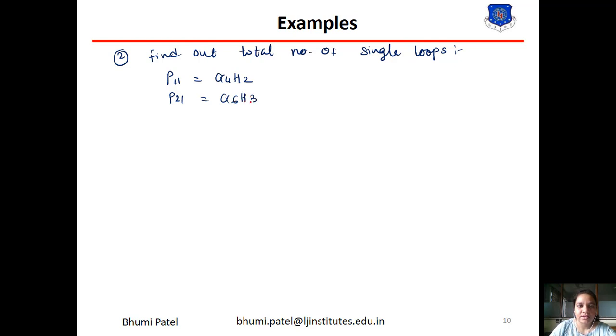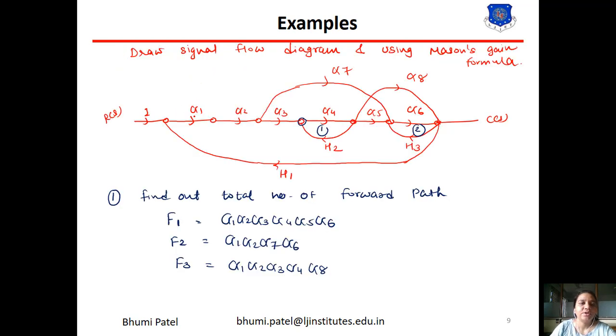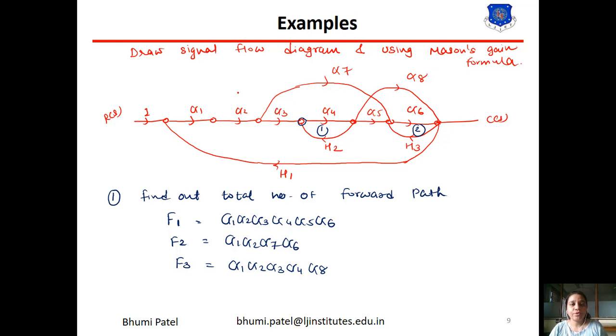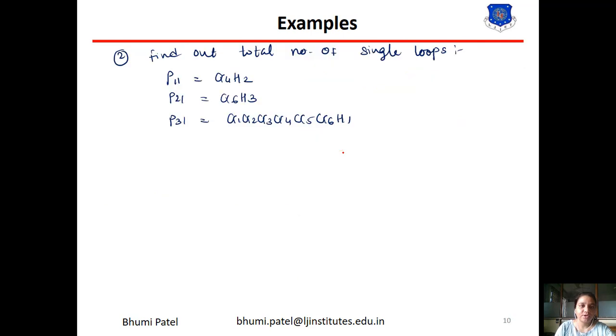G6, H3. Now the third loop, here you can see, is G1, G2, G3, G4, G5, G6 and H1. Now again, is there any more single loop available or not? You can see that G1, G2 and G7, then G6 and H1, it is also a loop.